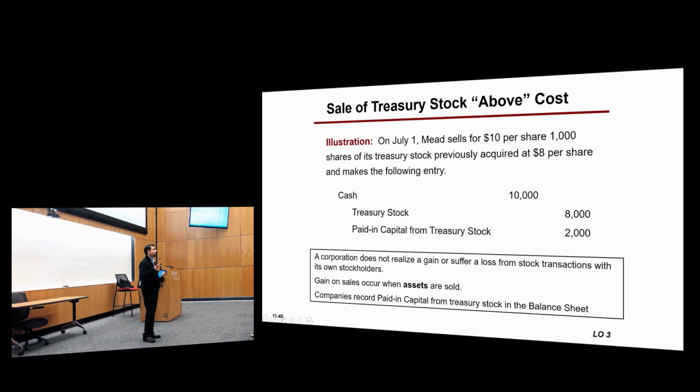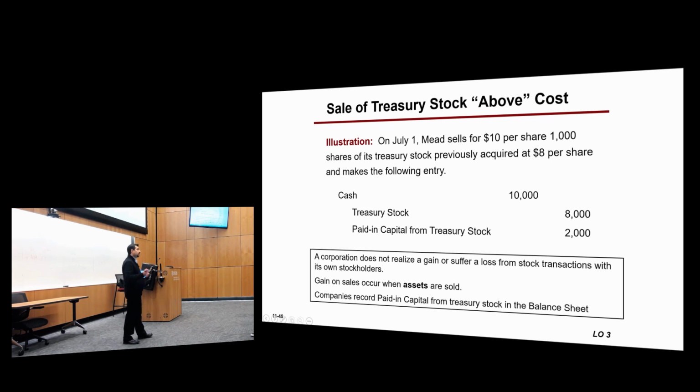Do you understand now how this works? One way to do it is to memorize these things. I don't recommend that. I recommend that you try to understand how these things happen. The company purchased those treasury stocks, so they recorded them at cost by debiting treasury stock, crediting cash.